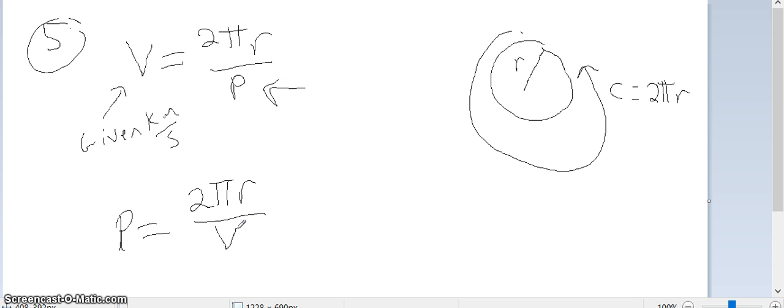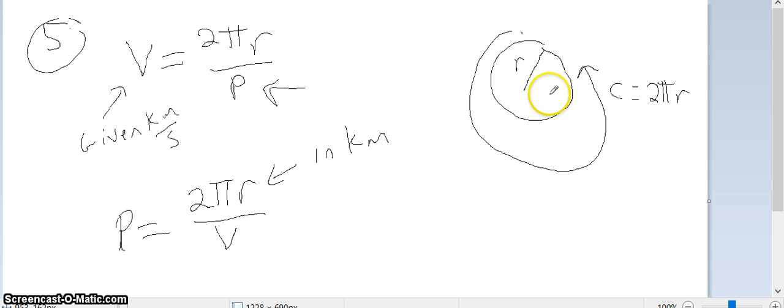All right, so the velocity is given to us in kilometers per second, as I mentioned. So to cancel, we want the r to be in kilometers this time. So what we need to do is convert the distance that they give us.